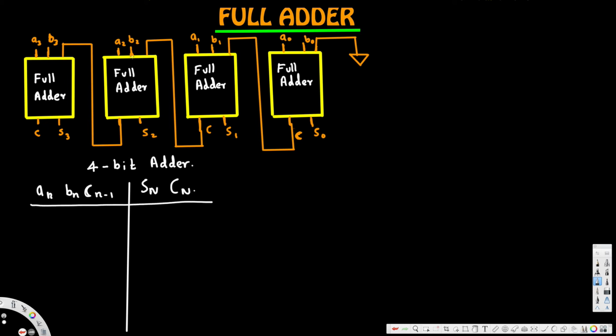Since this is 3 input, we are going to have 8 different combinations. It starts with 0 0 0, 0 0 1, then 0 1 0, 0 1 1, then 1 0 0, 1 0 1, 1 1 0, 1 1 1.